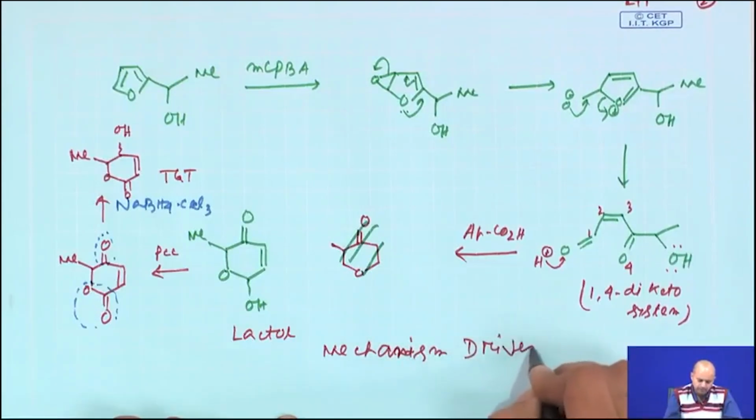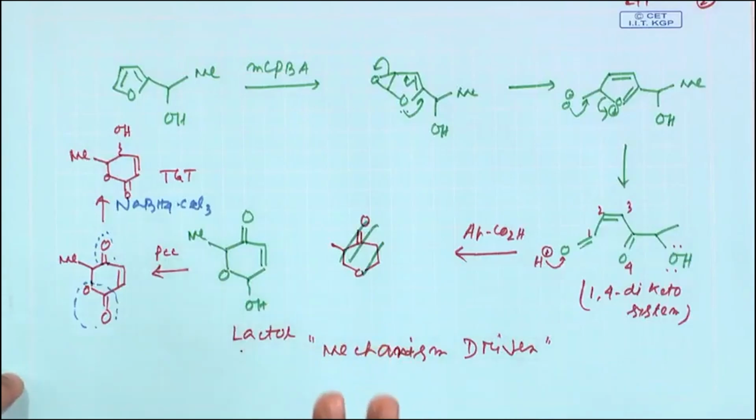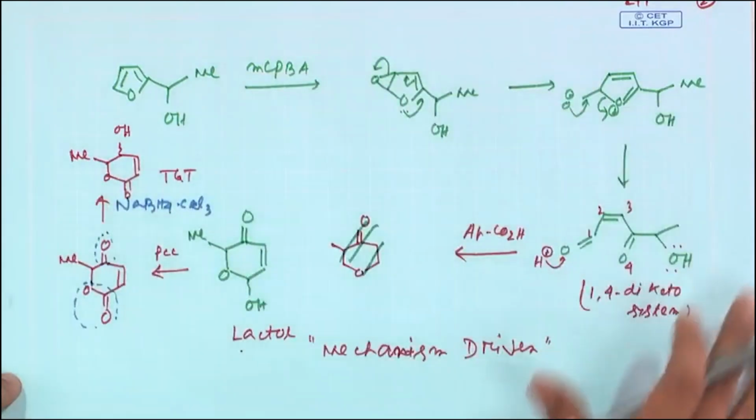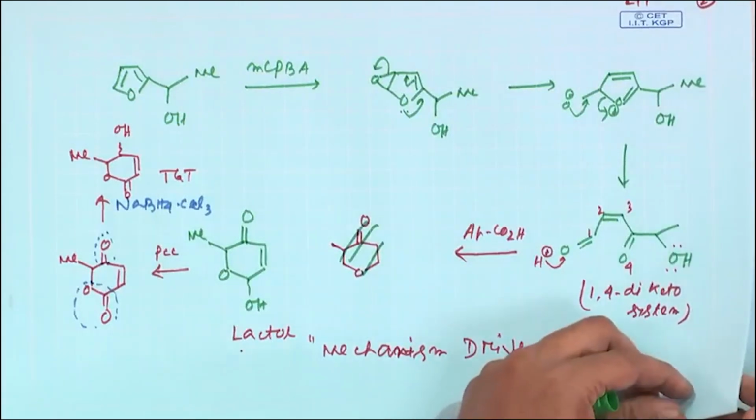You can also categorize the entire strategy as either a transformation based approach, a starting material based approach, or a functional group approach, no matter, but eventually if you are quite sure about the mechanism, then the mechanistic pathway will tell you the furyl carbinol can efficiently be converted to the corresponding 6 member lactone or 6 member lactol, basically hemiacetal, which can be oxidized back.